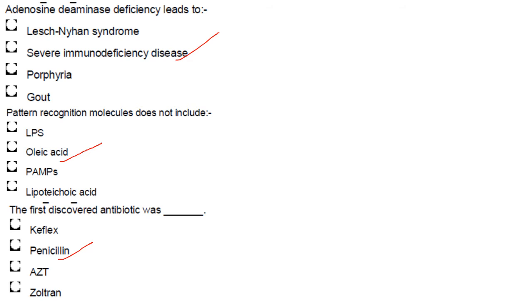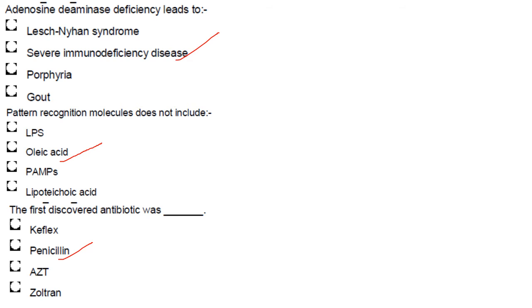Then, pattern recognition molecule does not include. So the microbe specific molecules that are recognized by a given pattern recognition receptor or PRR are called PAMPs, or pathogen associated molecular patterns.